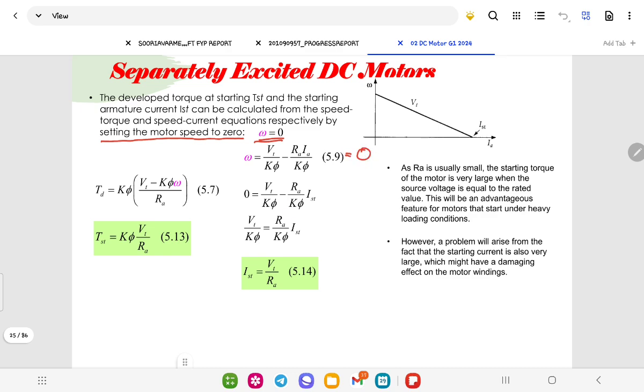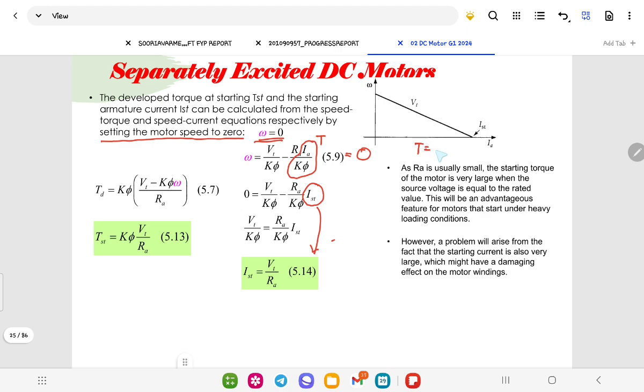Set it to 0 and rearrange the equation. Since it has the parameter IST, you can rearrange this equation to get the starting current. If you want to find the starting torque, what you need to do is this: replace this with T.